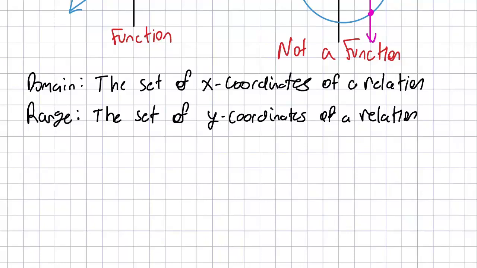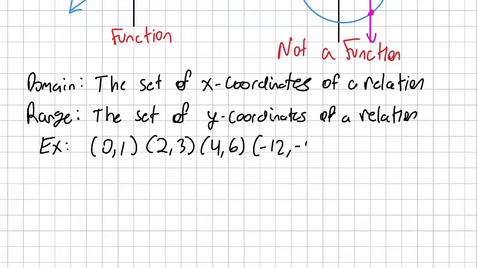So for example, let's say you have a set of coordinates: (0, 1), (2, 3), (4, 6), (-12, -1). And you're asked to determine the domain.